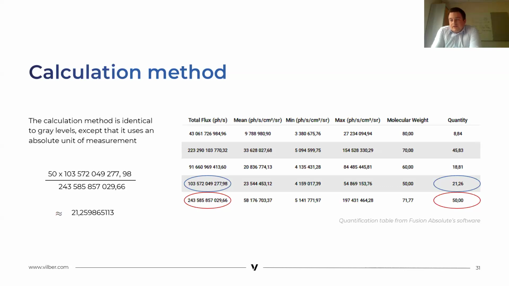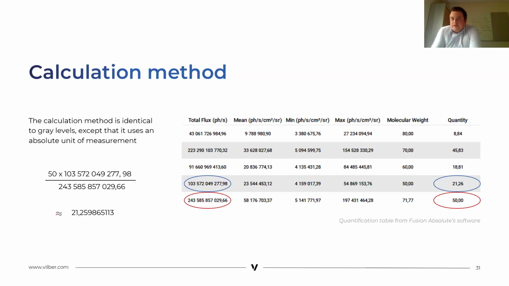The calculation method is very simple. It's identical to what we use for gray level, except that here we are working with an absolute unit measurement. So instead of a relative intensity value like the gray level, the results are expressed in real physical units such as photons per second, and this enables true quantification.